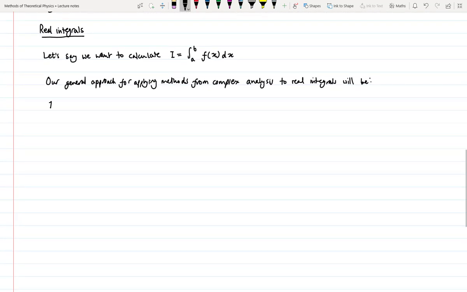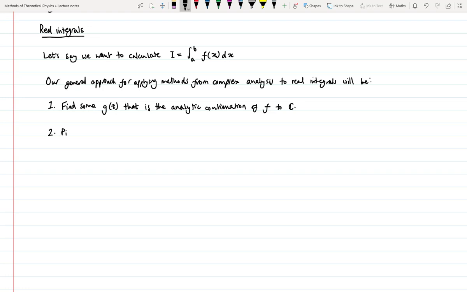The first step is going to be find some complex function g of z that is the analytic continuation of the real function f to the complex numbers.